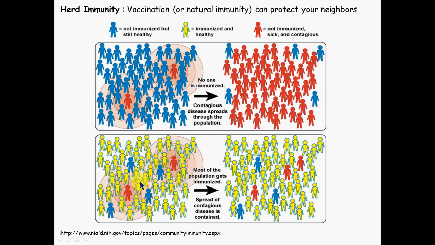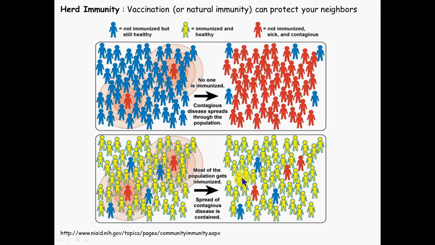But there's 3 other blue people here, and they are protected because the immune people break the cycle. The spread of the disease is broken by having most of the people immune. So of these 4 blue people here, 3 of them aren't going to get sick because they're protected by their neighbors' antibodies.